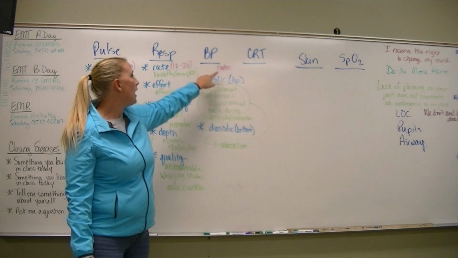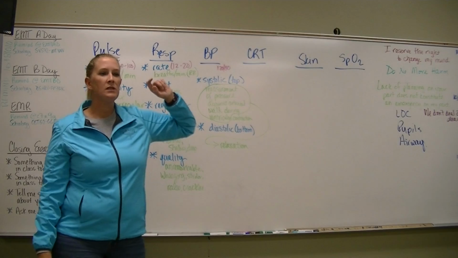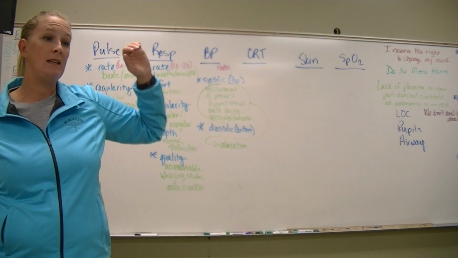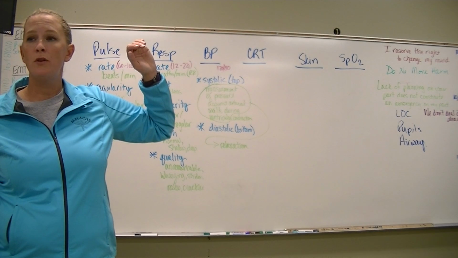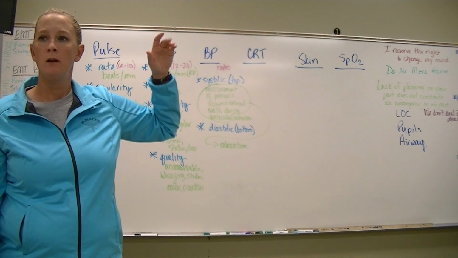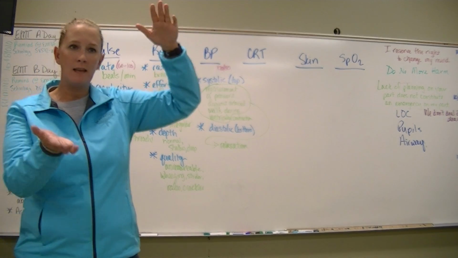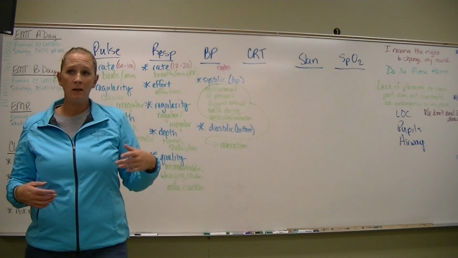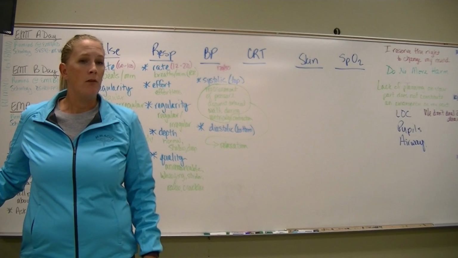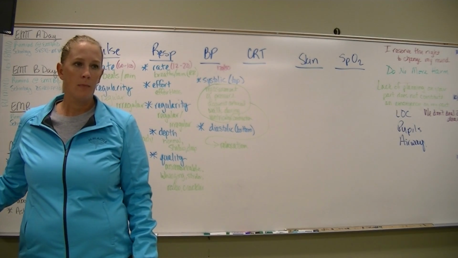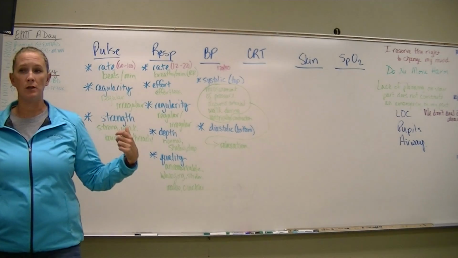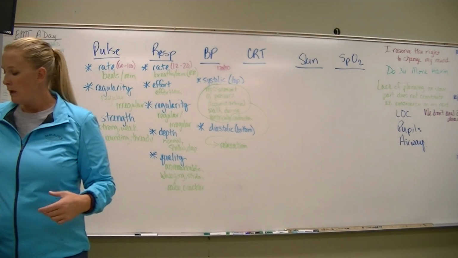When we stop having 120 over 80, we start having 135 over 130, or 132 over 100. So our pulse pressure starts to narrow. That's a sign that there's something wrong around the heart, obstructive shock. So understanding how to take blood pressure is super important.